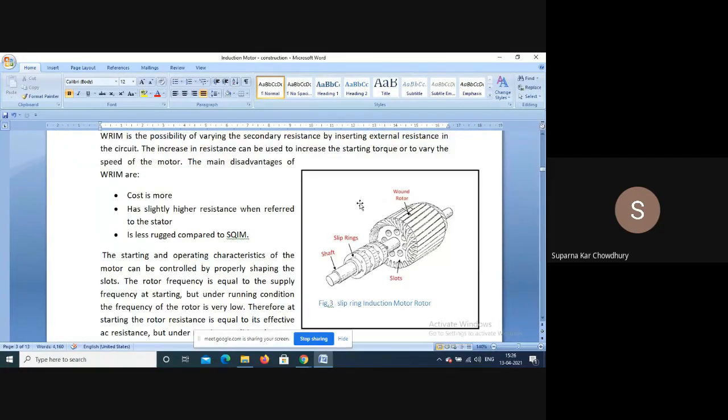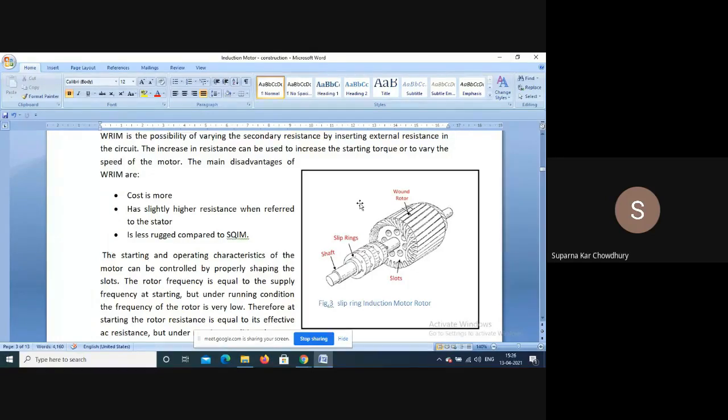Another disadvantage is that the squirrel cage motor is very rugged because it does not have any moving contact. So it is very rugged and requires very little maintenance, because whenever there is a moving contact, it requires continuous monitoring and maintenance.